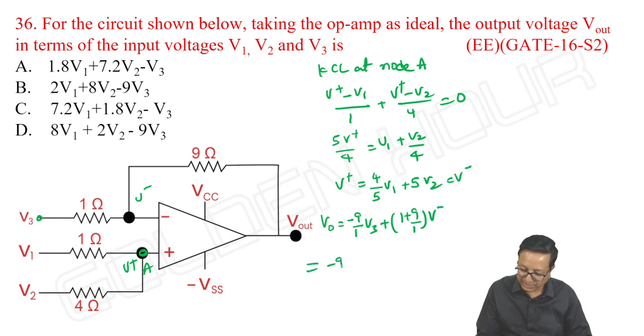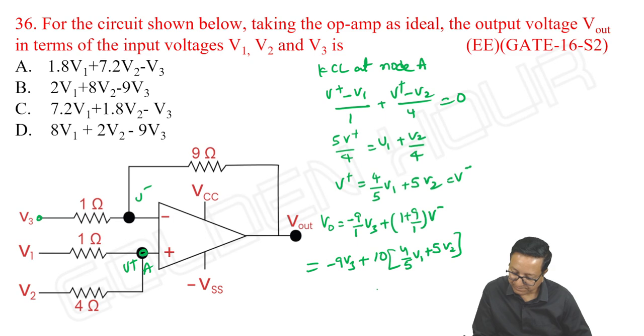It is minus 9 into V3 plus 10 into 4 by 5 into V1 plus V2 by 5, not 5 V2. Today I did mistakes.